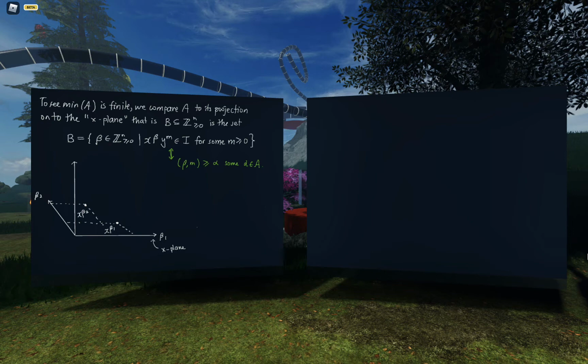Now in the three-dimensional volume, I have monomials that involve also the y variables. So up here, let's say I have x to the beta 1, y to the m1. And here stands for x to the beta 2, y to the m2.